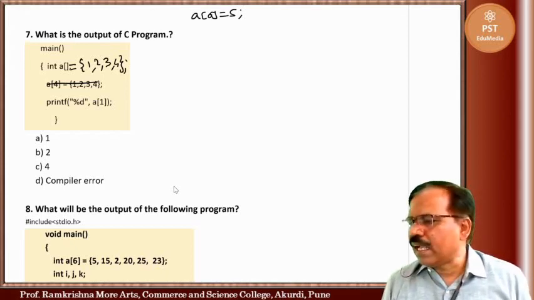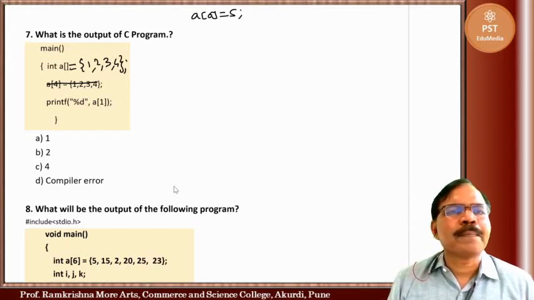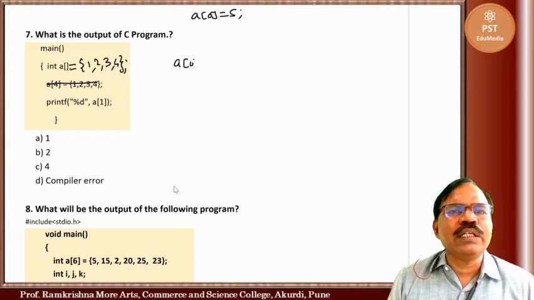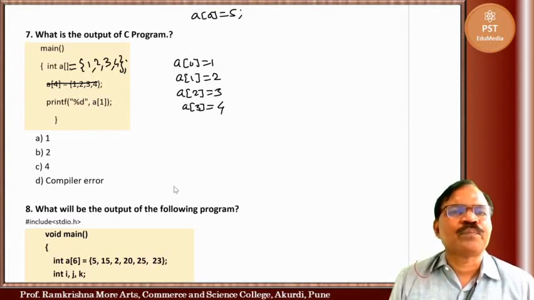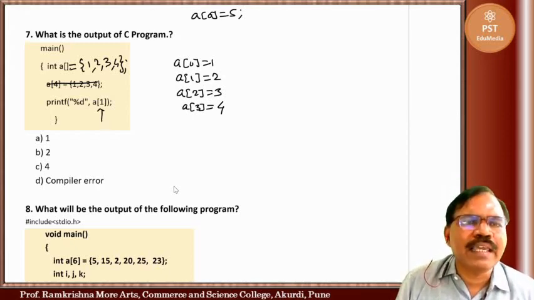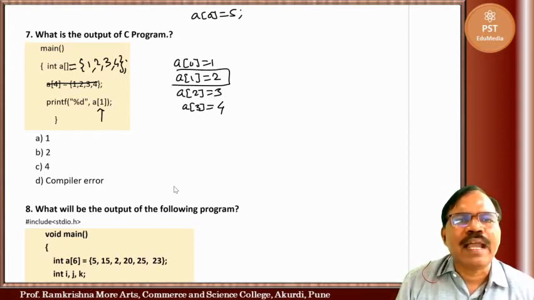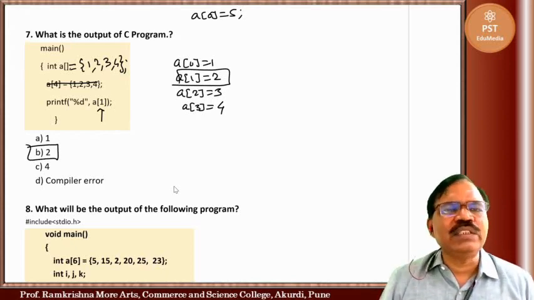Can anyone tell what the answer is? 2. a[1] means what? a[0] is 1, a[1] is 2, a[2] is 3, and a[3] is 4. So we have to print a[1], this element, and its value is 2.